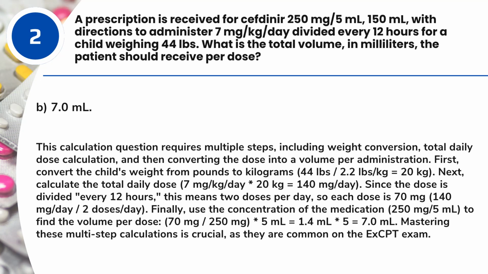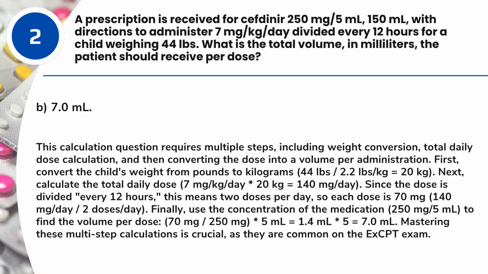Next, calculate the total daily dose: 7 milligrams per kilogram per day * 20 kilograms equals 140 milligrams per day. Since the dose is divided every 12 hours, this means 2 doses per day, so each dose is 70 milligrams, 140 milligrams per day / 2 doses per day.